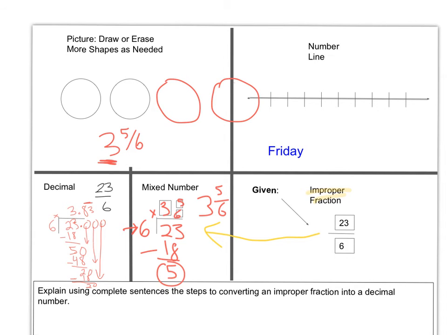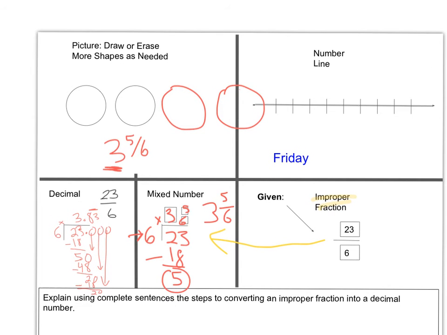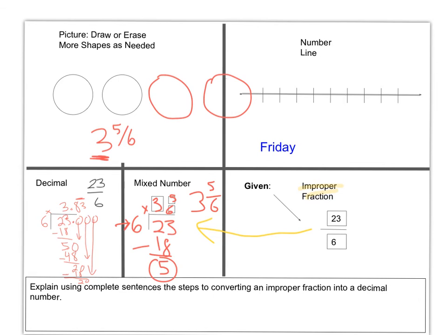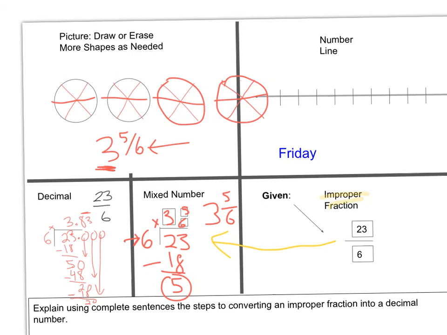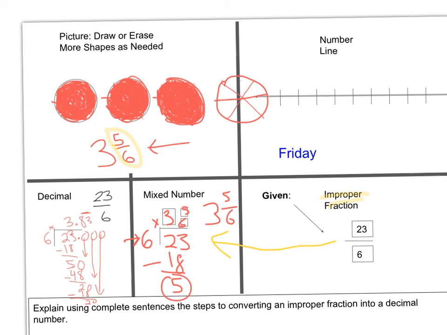Look at your denominator to see how many pieces to cut your circle into, and we're cutting it into 6 pieces, so I'm going to slice each of these into 6 pieces. To get the whole number part, the 3, we're going to shade in 3 circles completely. Now for the 5/6 part, we're going to shade in 5 out of the 6 pieces.